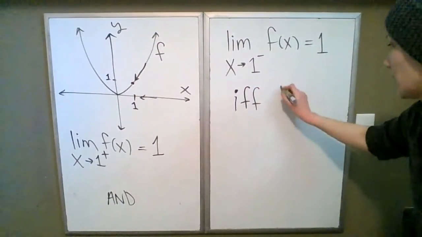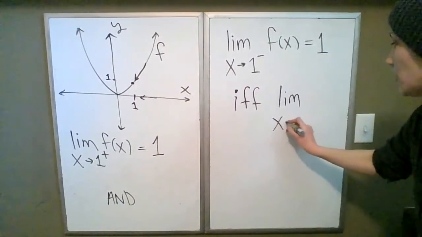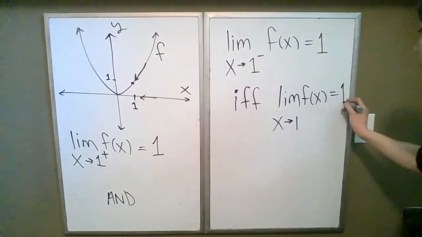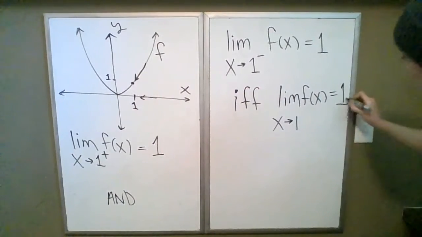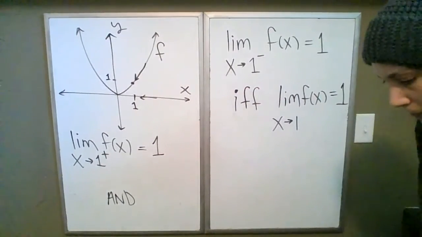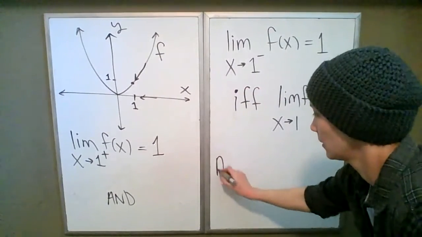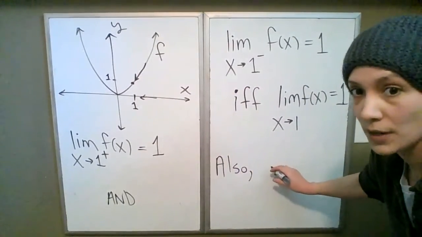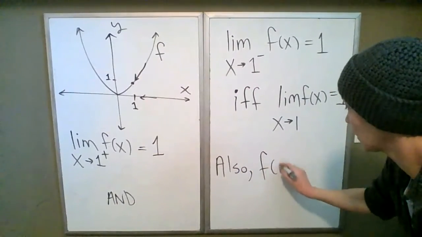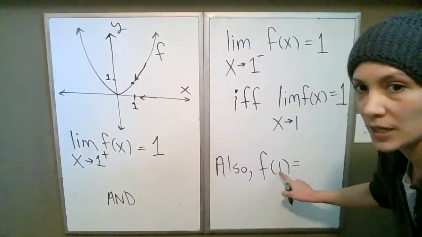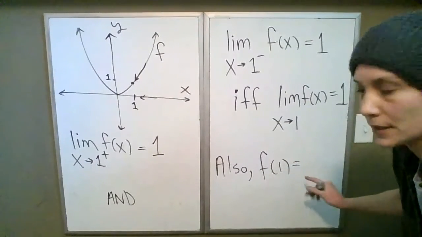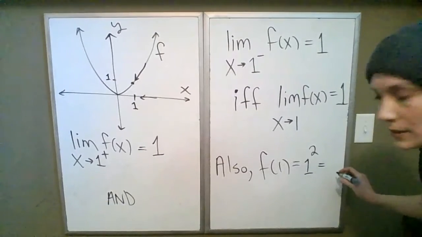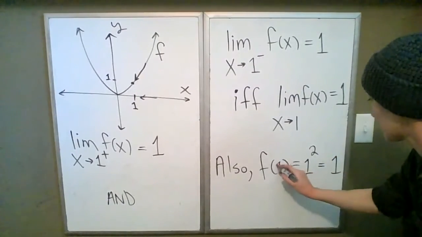The limit as x goes to 1 of f of x is awesome, f of 1. So put 1 through that function and you get out 1 squared, which is 1.